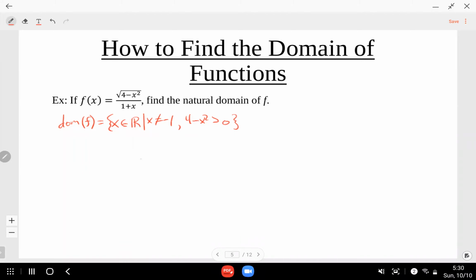What you need to do is move the x squared to the other side. Get 4 here, okay? x squared is less than or equal to 4. 4 minus x squared is greater than or equal to 0, because 0 still works, right? Okay, so 0 still works, all right?